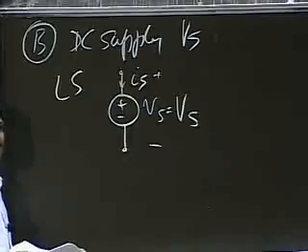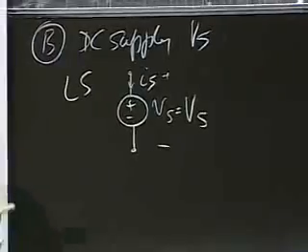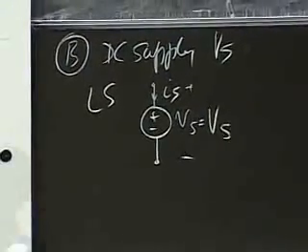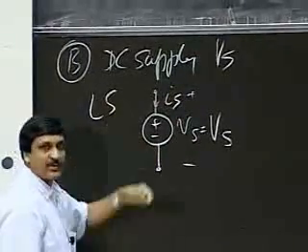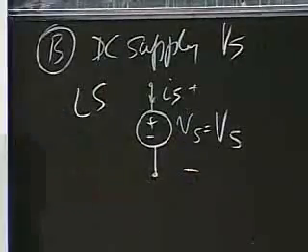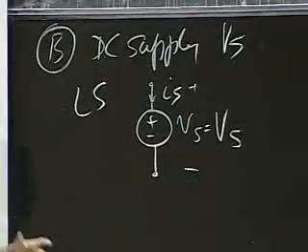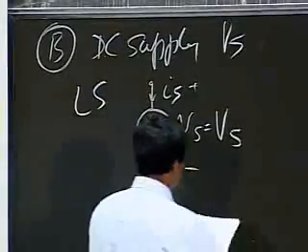A short. The key here is that a voltage source behaves like a short circuit for small perturbations. In other words, if I change the current flowing through it by a small amount, the output is still going to be held at Vs. Small signals are simply going to scoot through this voltage source without having any impact whatsoever on the voltage.